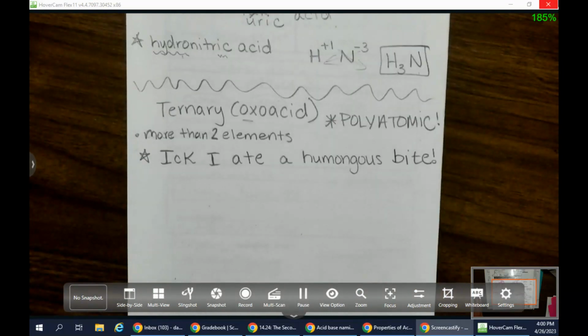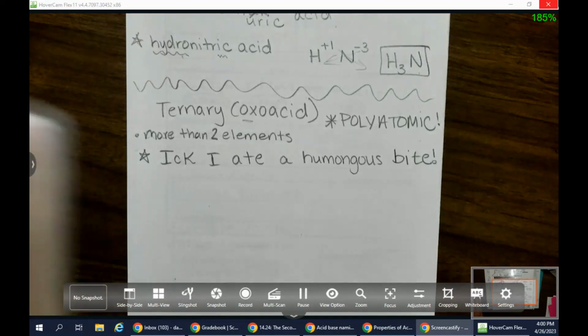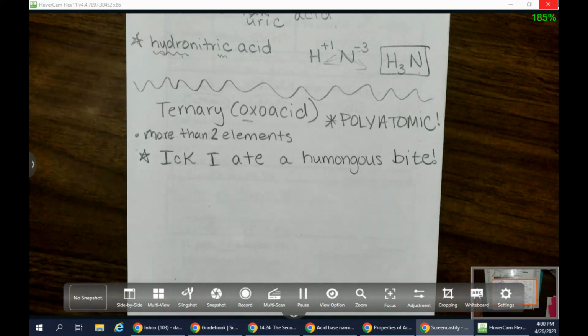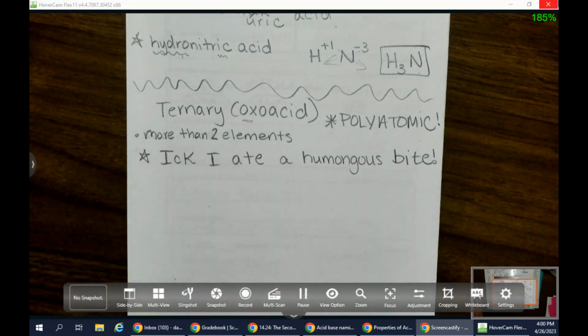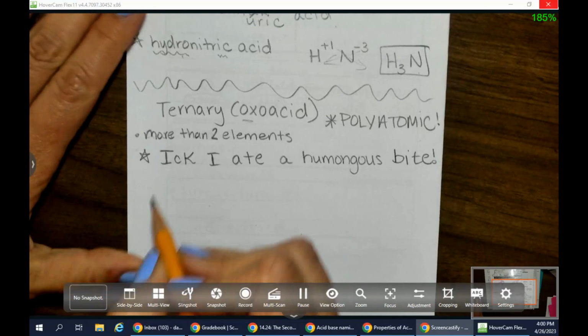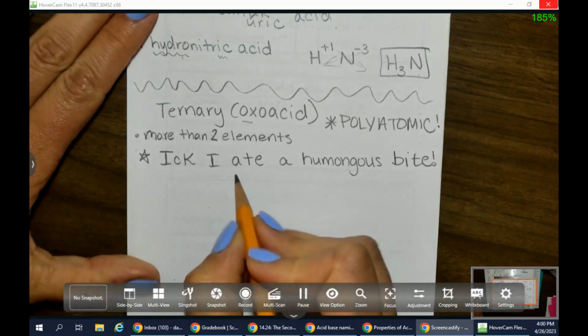All right, so the place where that's going to help you out, looking down your list of polyatomics, what do all of your polyatomics end in for the most part? ate and ite, right? There's a few of the ides, but we're not going to worry about those right now. But most of them end in ate or ite.